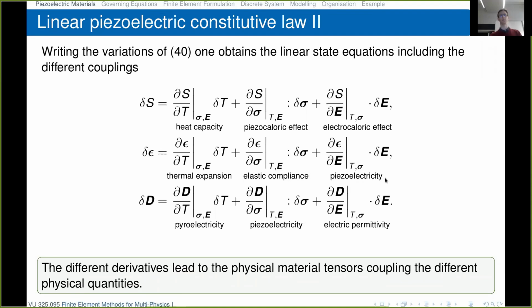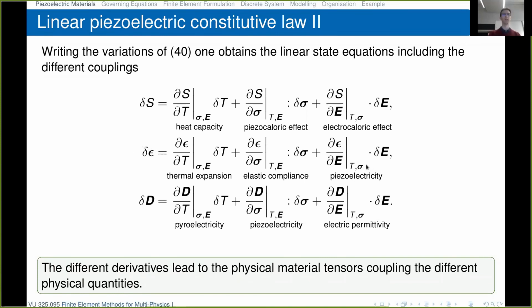We have the piezoelectric coupling tensor, and here we have another effect we've seen already: the electric permittivity. In the second line, again, the symbol here should be S.